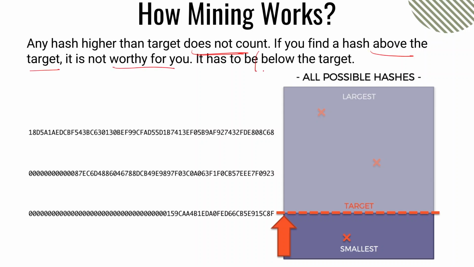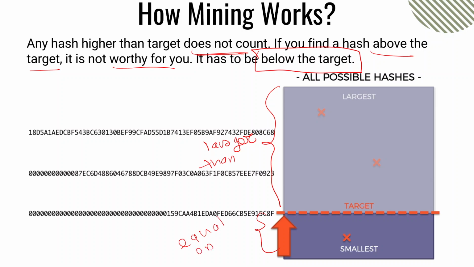It has to be below the target, as I said earlier. So this is the target. These are the values that are larger than the target, and these are equal or less. So the miner has to work with this region.